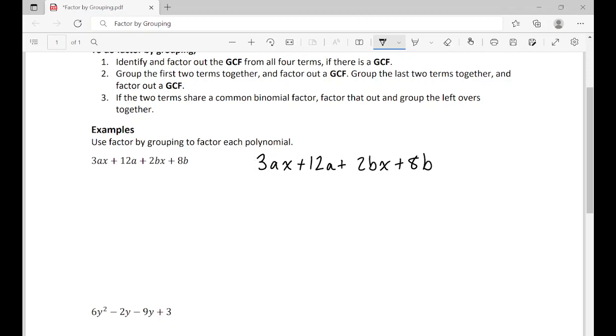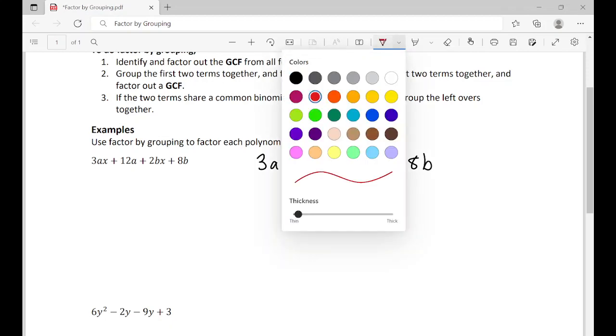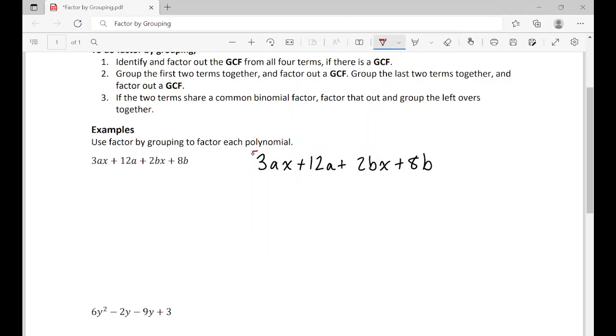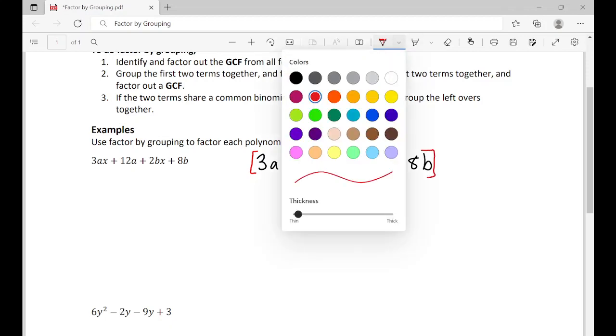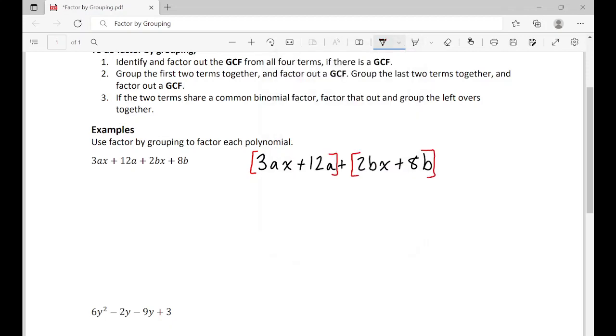So I'm going to go on to the next step and I'm going to group the first 2 terms together and I'm going to group the last 2 terms together. Now I'm going to look for the GCF of these 2 terms.